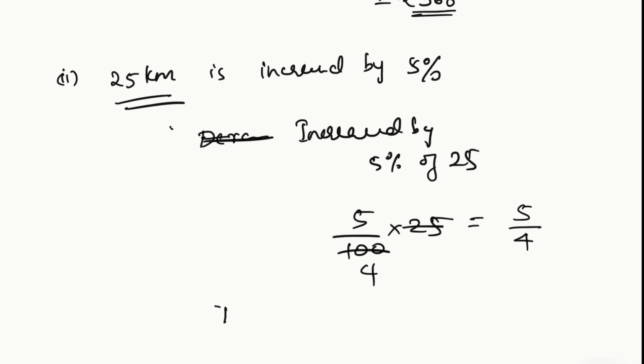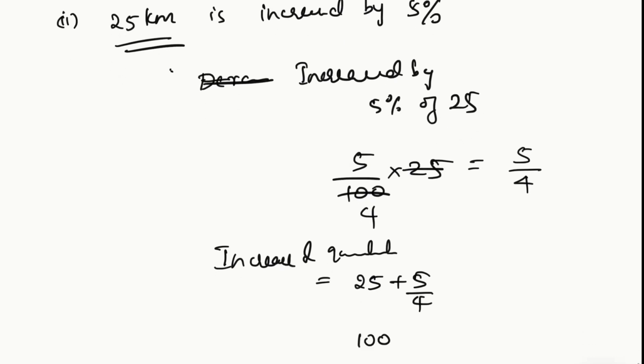So the increased quantity is equal to 25 plus 5 by 4, that is 100 plus 5 by 4, 105 by 4.